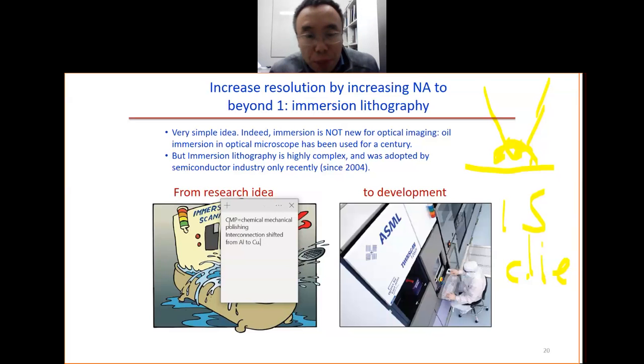But CMP was also considered something that would never work, because it looks like a dirty process. You put lots of particles in and do the polishing, so it looks really dirty. But actually, it became practical about 20 years ago. Because of this, the metal interconnection shifted from aluminum to copper.